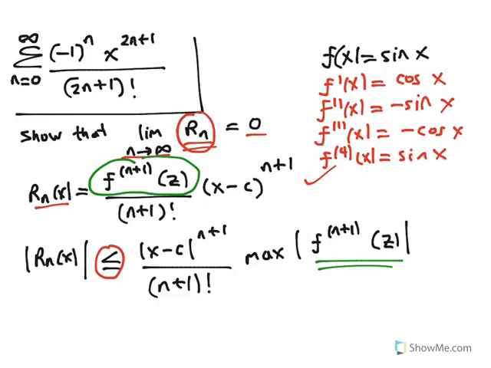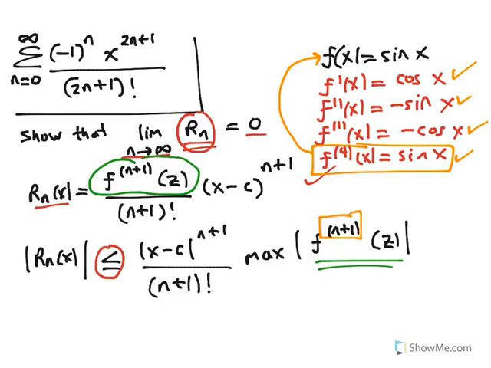And you can see that there's a cycling here, because by the time you get to the fourth derivative, you get back to the original function. So the fifth derivative will be cosine, the sixth derivative will be negative sine, the seventh derivative will be negative cosine, and the eighth derivative will be sine, and it will just cycle forever. So the derivative of f for any order will be either positive sine, negative sine, positive cosine, or negative cosine.